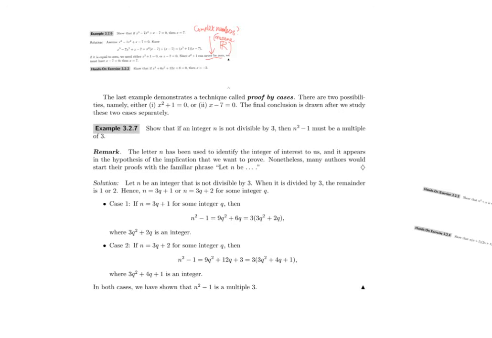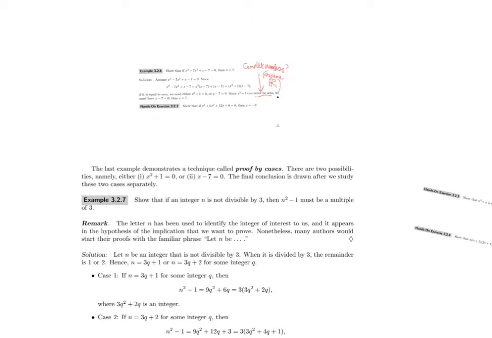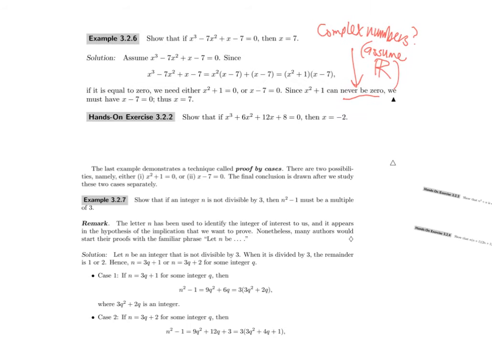Let's look at another example. So it says the last example demonstrates a technique called proof by cases. Okay, why are they saying that? It's because once we have kind of a fork in the road, we have either x squared plus 1 equals 0 or x minus 7 equals 0.